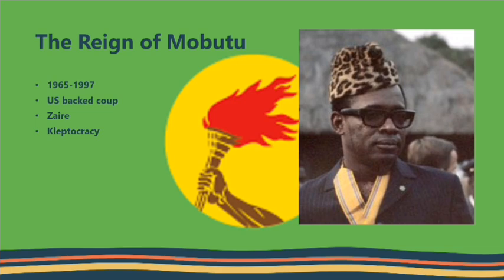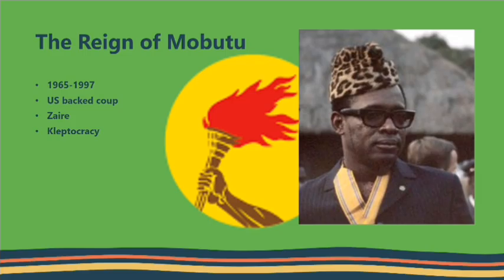Mobutu renamed the country from the Democratic Republic of Congo to Zaire, and he also pursued a policy of authenticity. But in practice, his rule was defined by a kleptocracy, which is a government by theft. So Mobutu enriched himself and his inner circle by looting the state's coffers and the country's mineral wealth.